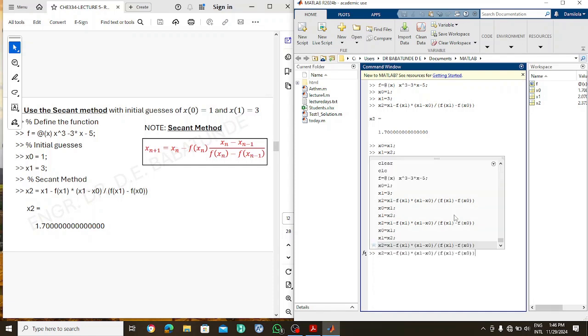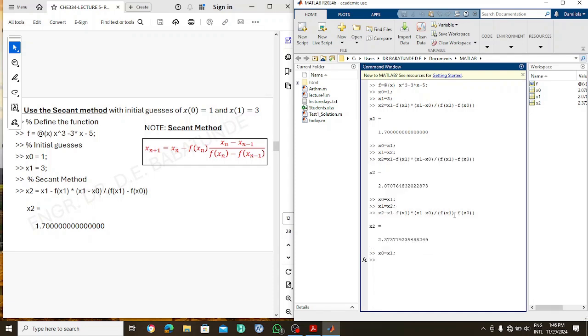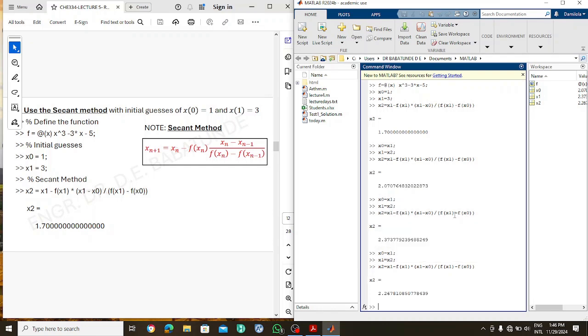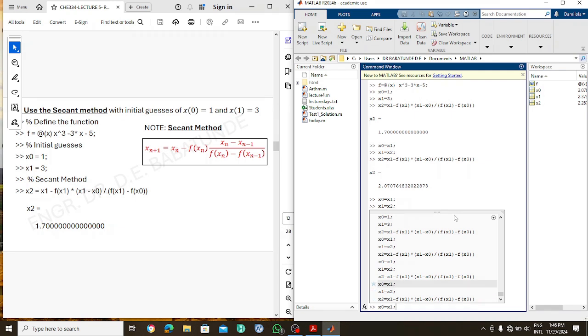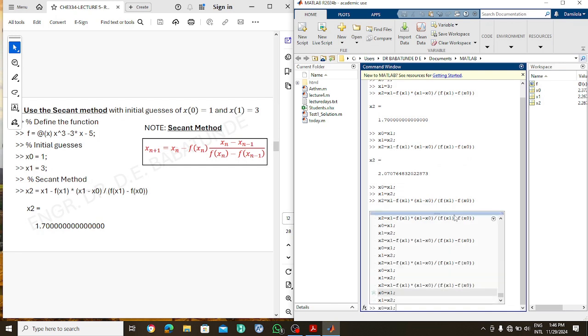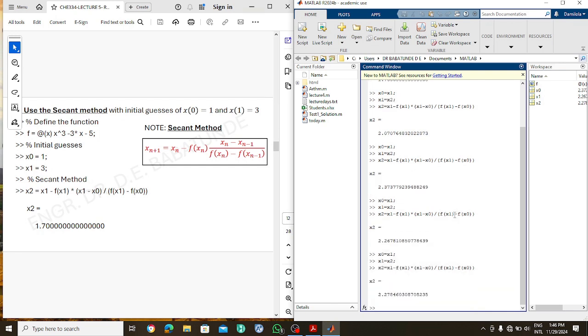So we continue the process until we see that we are close enough to it. Is it close?